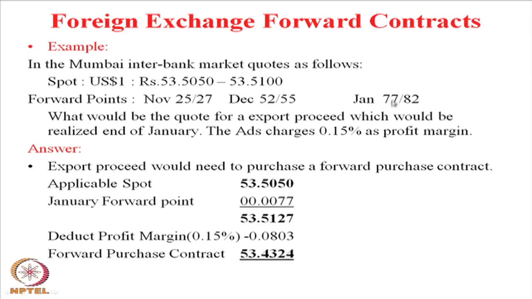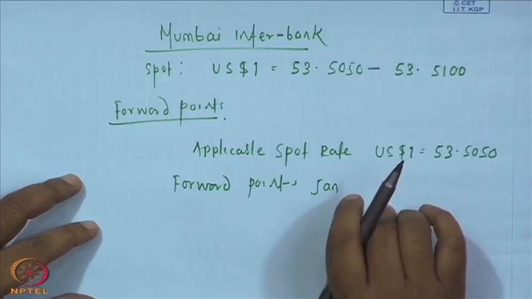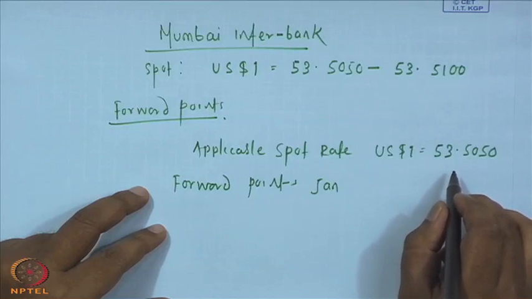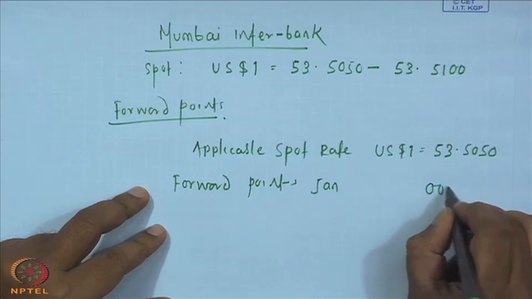So, when rupee is depreciating, you have to add the forward point. So, it is a forward premium. So, you have to add, the US currency is a premium currency here, rupee is a discount currency here. So, we have to add the forward premium. The forward premium is how much?